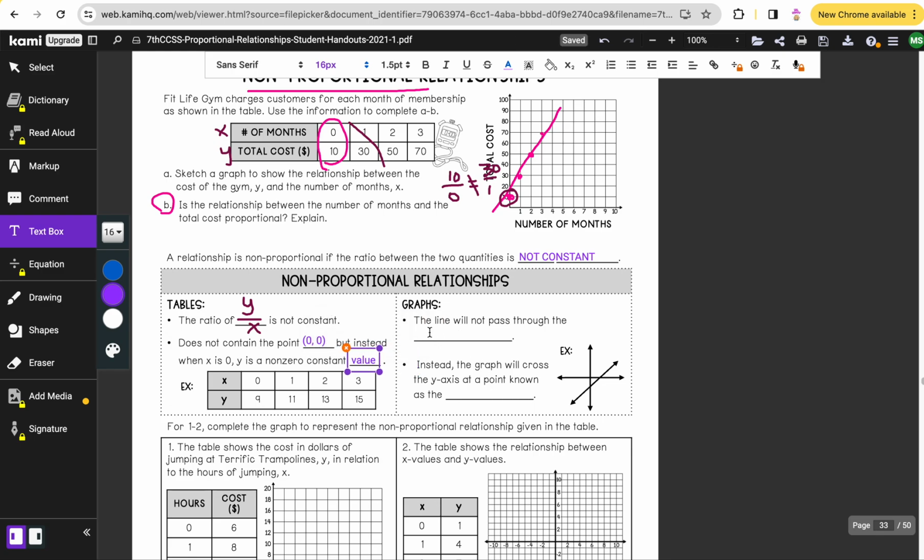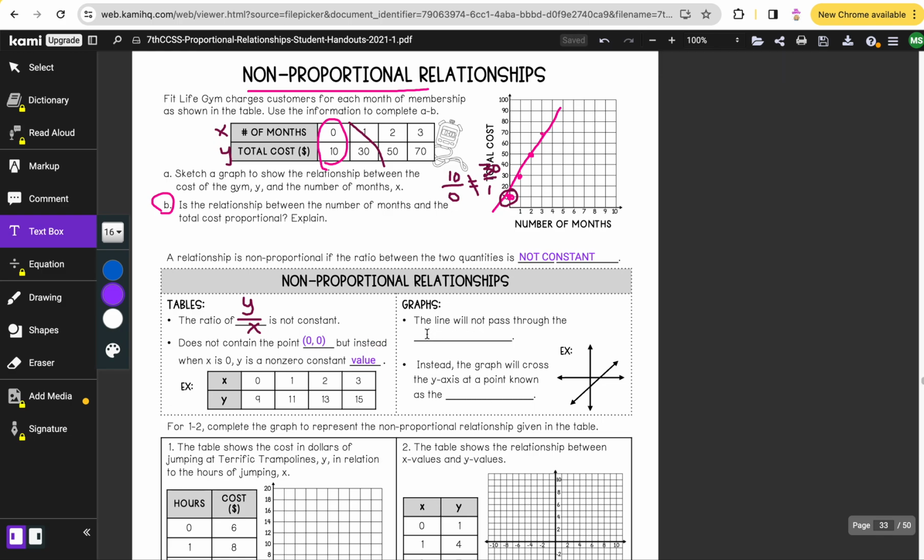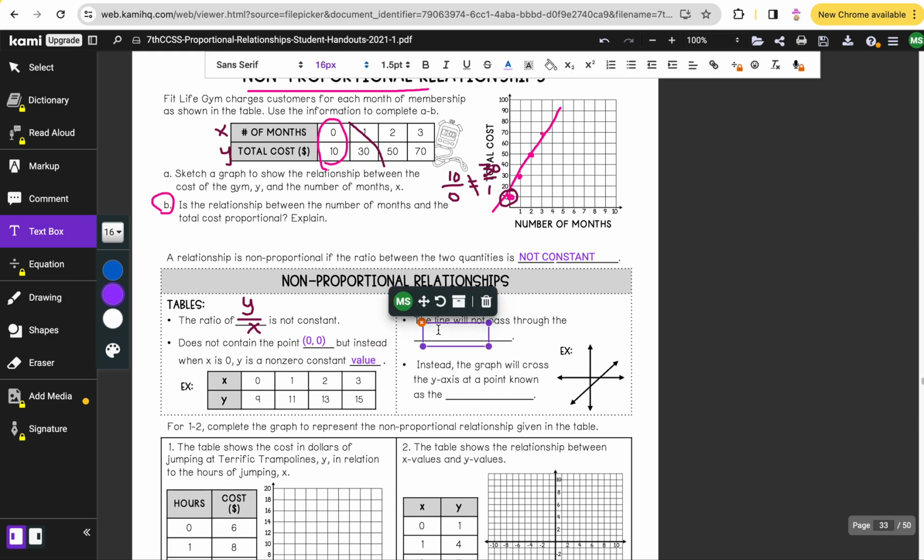All right, so when we see graphs of non-proportional relationships, the line will not pass through the origin, or that point 0, 0 again. Instead, the graph will cross the y-axis at a point known as the y-intercept.